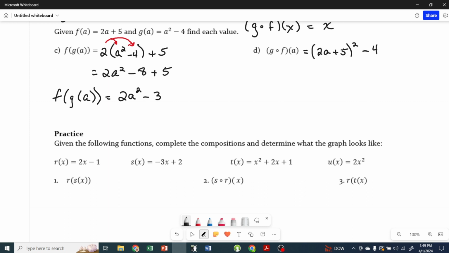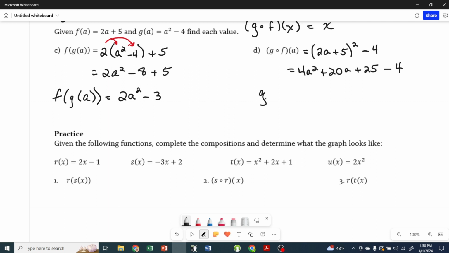If you remember, we have to multiply this out, but we're going to use what we know, which is we're going to square the first term, which is 4a squared, multiply the two terms together, and then double it. 5 times 2a is 10a, times 2, that becomes plus 20a, and this is 5 squared, plus 25, and then minus 4.